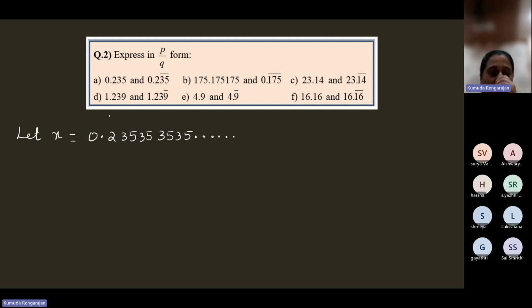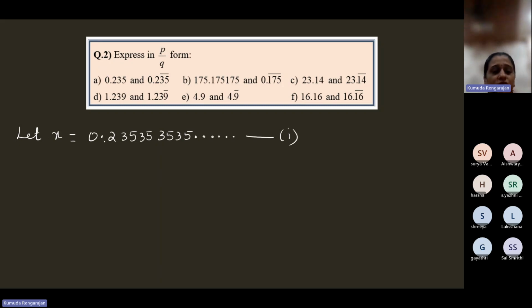Now, how many digits repeat themselves? 2 digits. The bar is placed on top of how many digits? 2 digits. So the next step is to find 100x. If the bar is placed on top of 1 digit, then multiply this equation by 10. See, this is equation 1.